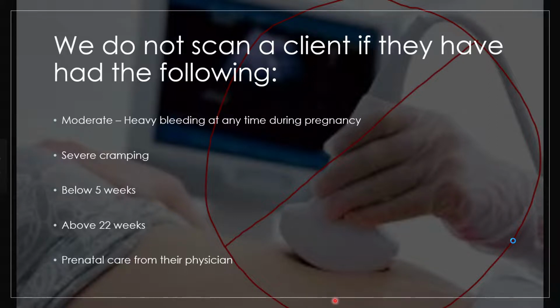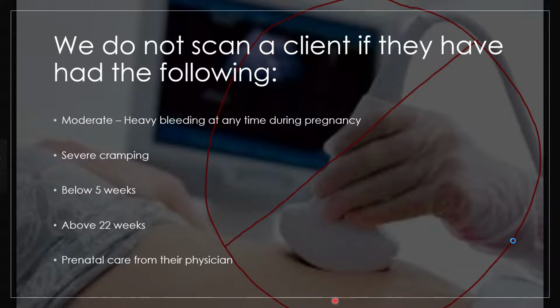We will not scan them before 5 weeks or above 22 weeks, or if they are under the care of a physician, because that's going to be a conflict of interest if they're already receiving physician care. Before 5 weeks, even though it's there, it's very difficult. You cannot see the embryo on ultrasound, even transvaginally, before that 5-week mark.